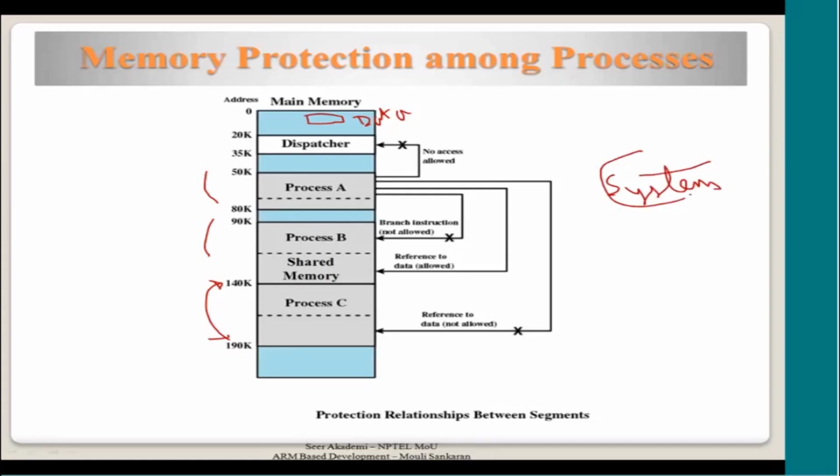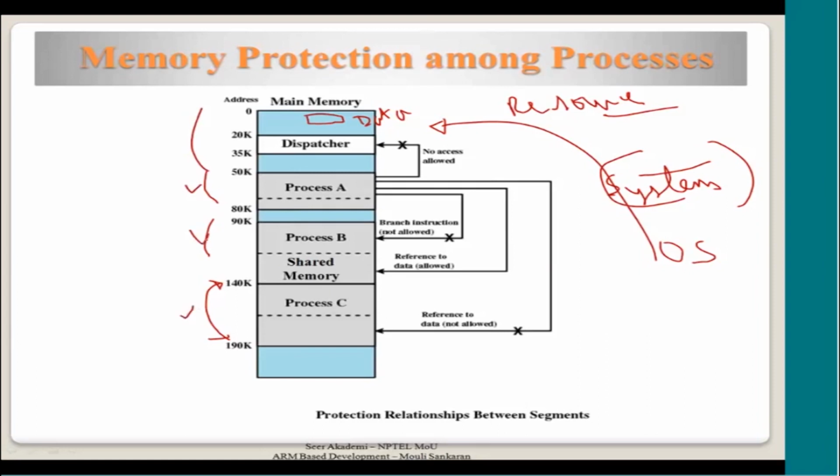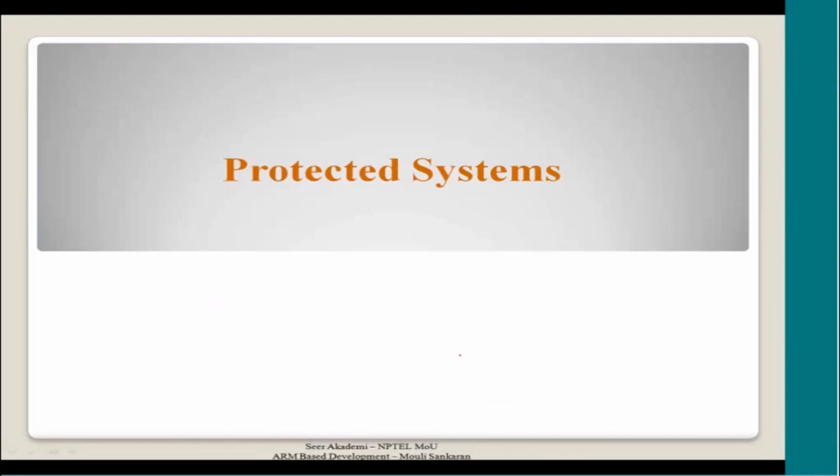So it may not access it directly, it will access the OS calls, which will allow the process to use some of the resources, semaphore, or even any locking mechanism, mutex, any OS features can be accessed. So this way we have to protect the OS first of all from the rest of the processes, and then we have to protect each of the processes from other processes running in the system. So this all can be done with the support of the processor. That's what we are going to see now, how it is implemented.